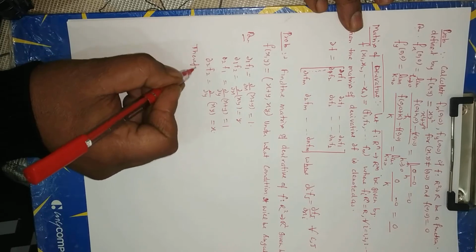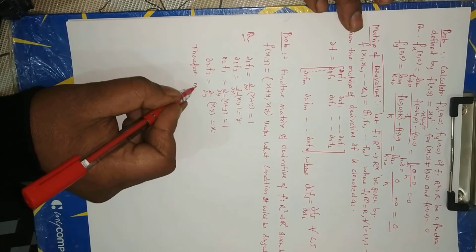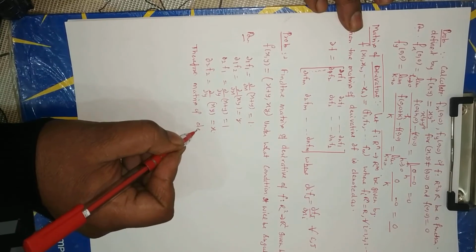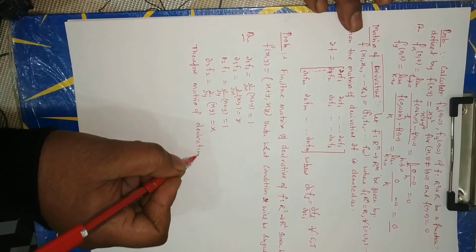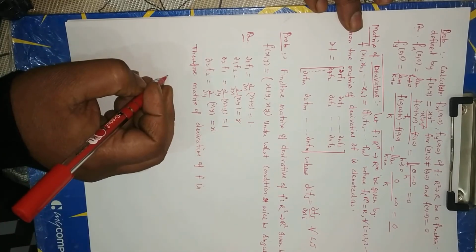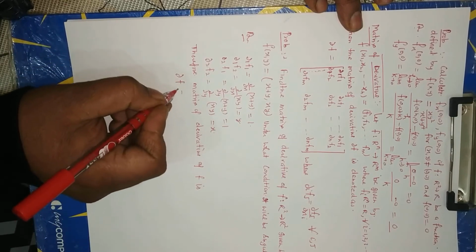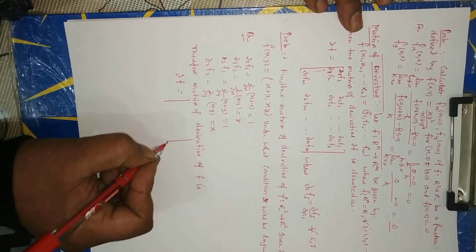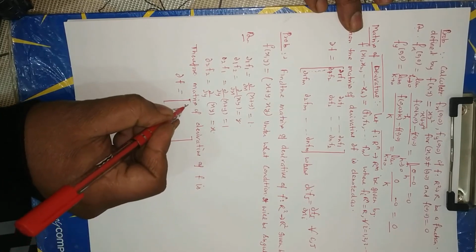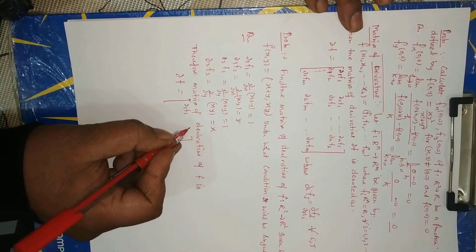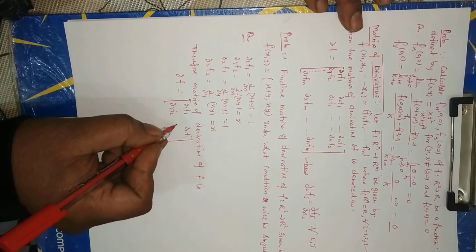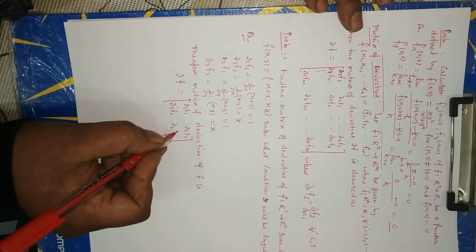Okay. Therefore the matrix of derivative of f, denoted by del f, is equal to the matrix with rows del1 f1, del2 f1 and del1 f2, del2 f2.